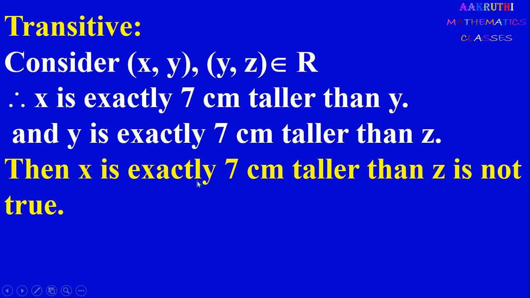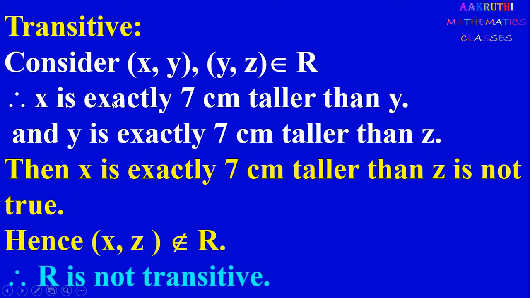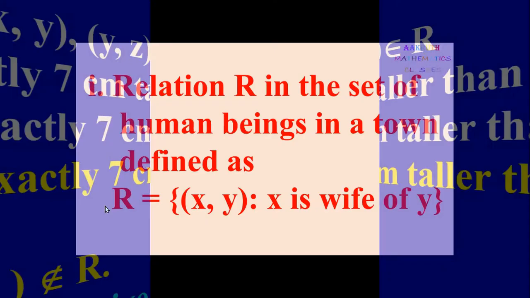So therefore (x, z) does not belong to R. Here (x, y) and (y, z) belong to R, but (x, z) does not belong to R. So this relation is not transitive.